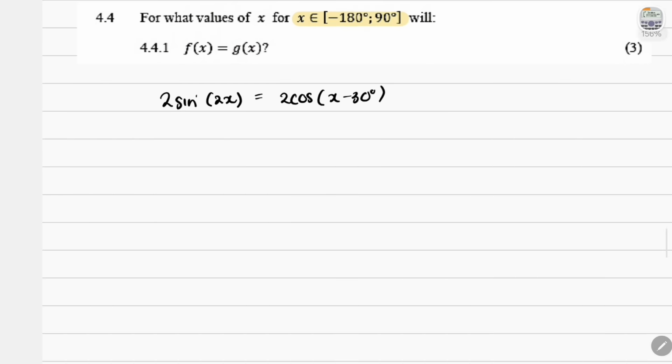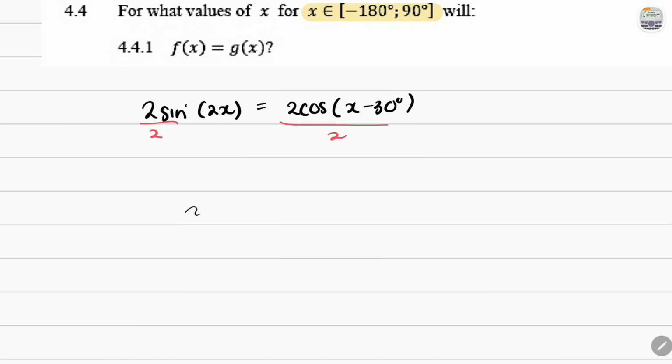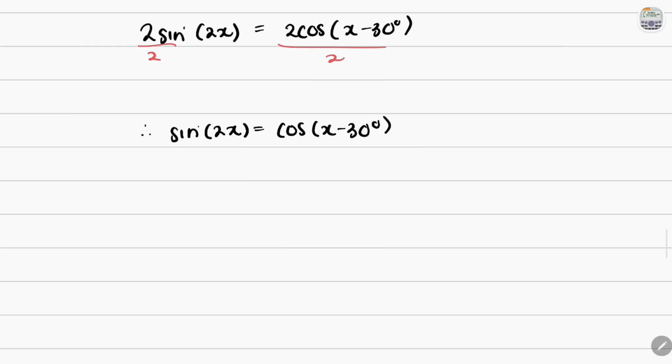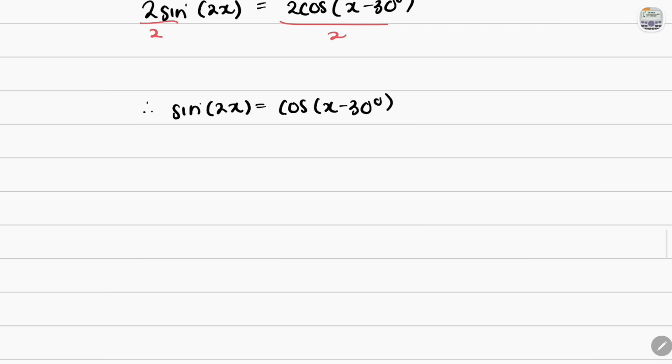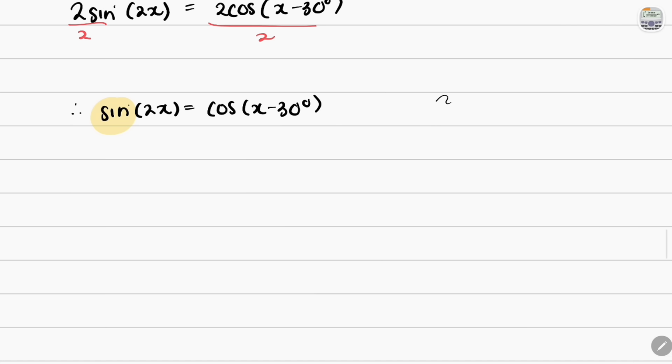So to simplify this, we can get rid of the 2 on both sides by dividing both sides of this equation by 2. And so we have sine 2x is equal to cos(x minus 30 degrees). Now we can make both of them cos, because this is already cos. I'm going to make this a cos, so we use cofunctions for that.